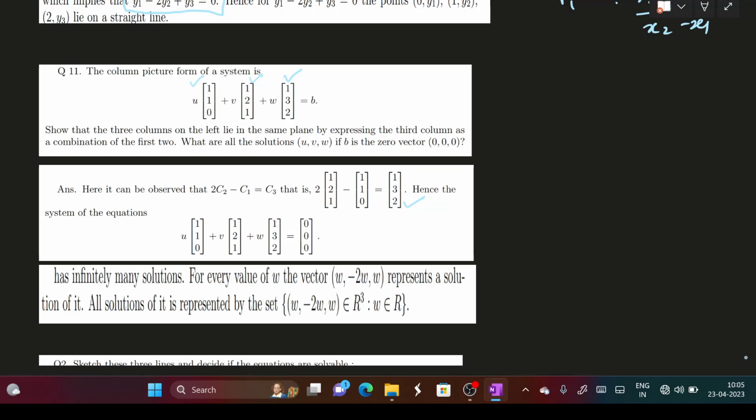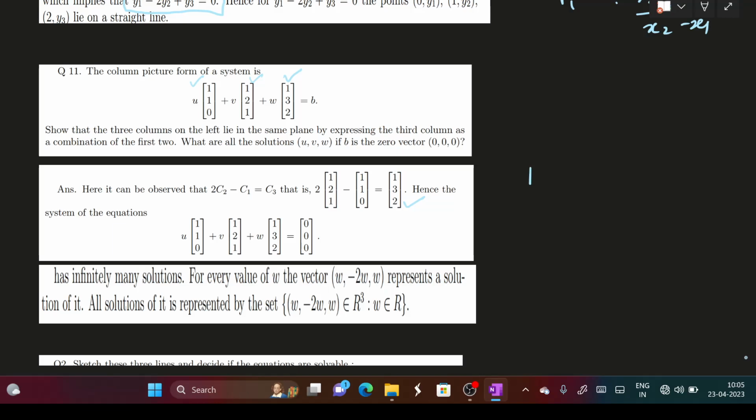And how are they related? For every value of W I will have a solution. As the right hand side is 0, it is just the same as the previous system of equations. In the previous problem also the same columns were there in the left hand side. So what will be the relation? Just substitute W is equal to W.